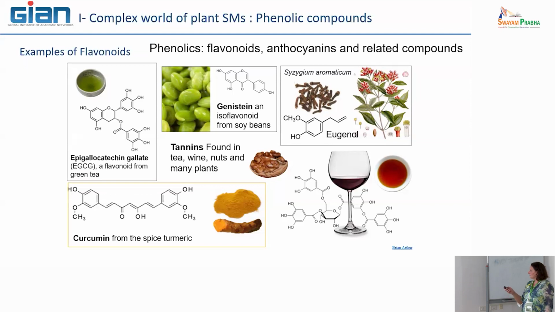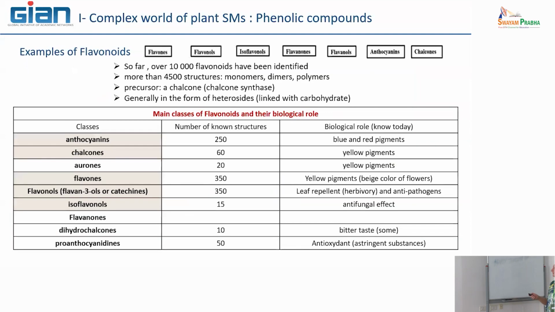Okay. So far, about 10,000 flavonoids, non-flavonoids, polyphenols, okay, if you have the scale in mind. So it's just one part of this world of phenolic compounds. So only 10,000 have been already identified.